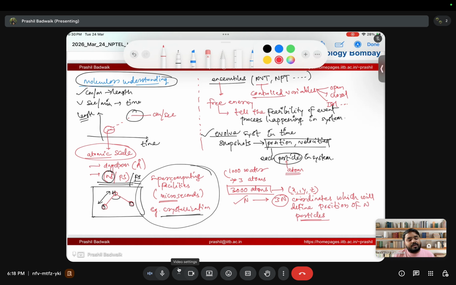I have n particles and they will be having velocities. How many variables more than the xyz that we have defined will be there?